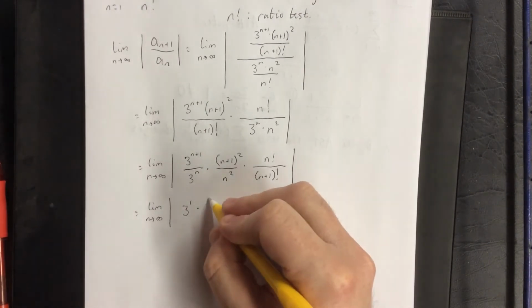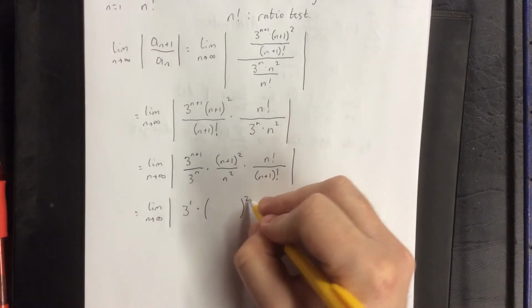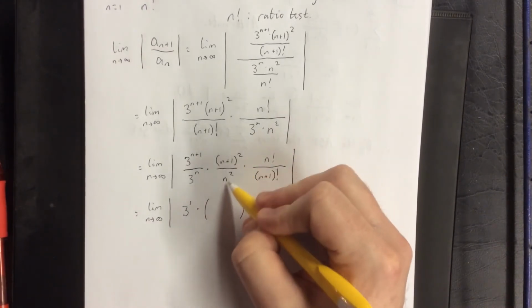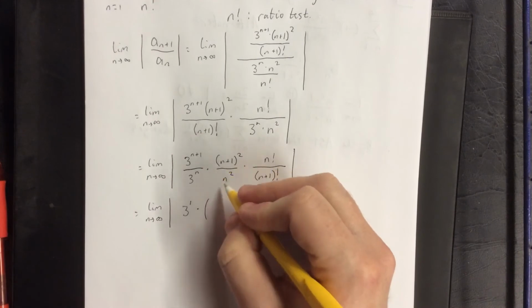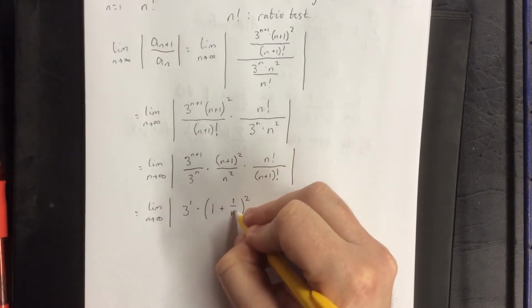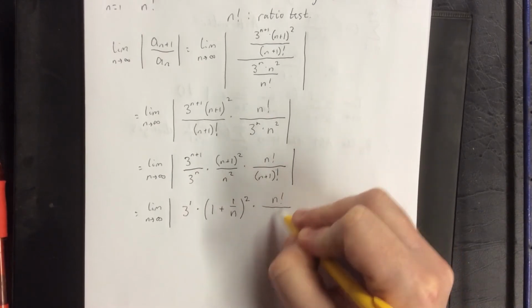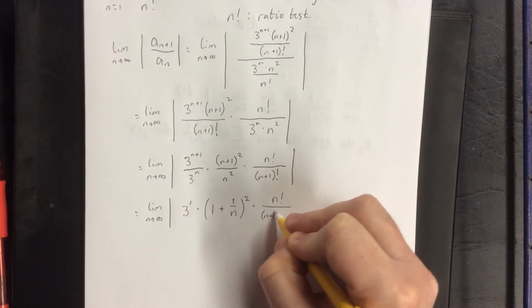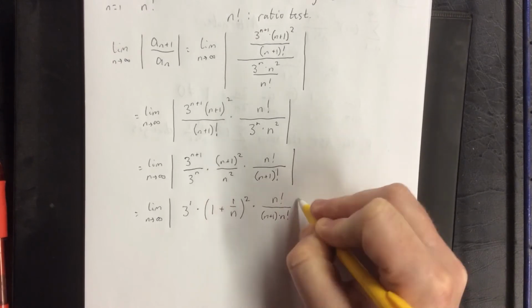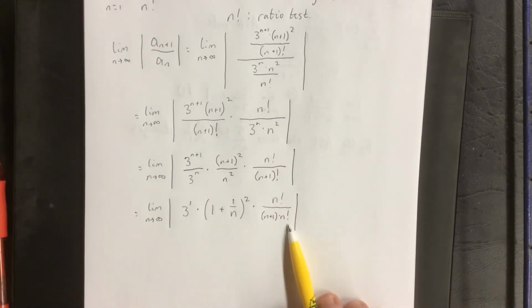For the second one, I'm going to factor out the square and distribute the n to the two terms that are inside, so n over n and 1 over n. And finally, I'm going to expand the factorial that is larger by one single term. So n plus 1 factorial is the same as n plus 1 times n factorial.